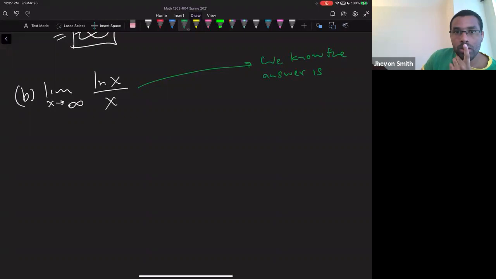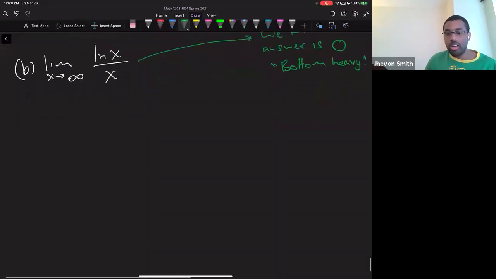Infinity? No, 0. It's 0, right? Because this one is bottom heavy. There's a log on top and a polynomial on bottom. Polynomials grow faster than logarithms, so I know it's going to be 0.